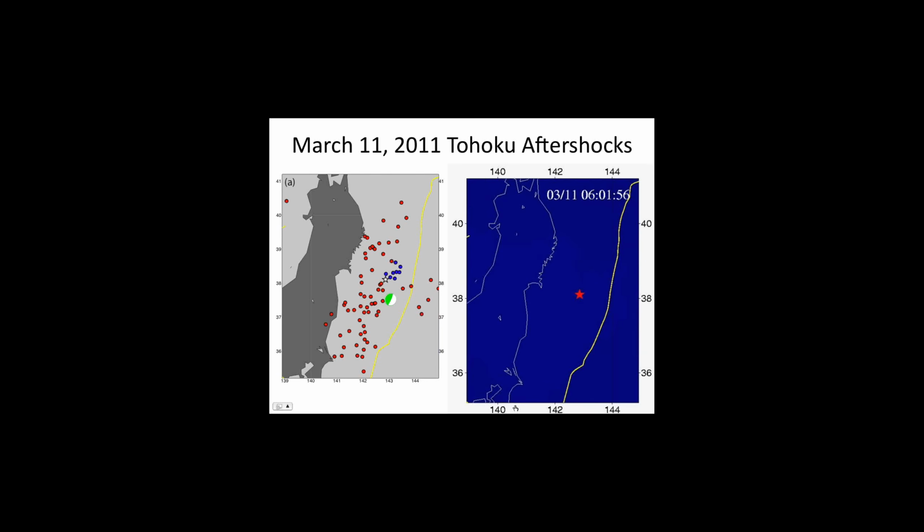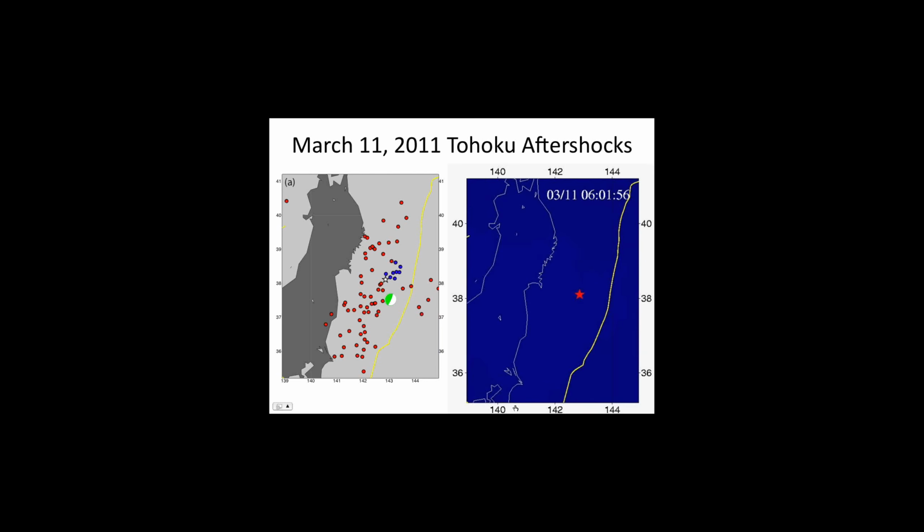So if you look at the rupture area of the Tohoku event, and then you use the moment magnitude as estimated from other methods, surface waves or normal modes or whatever, then you can estimate the stress drop, assuming some, from that you can get stress drop.